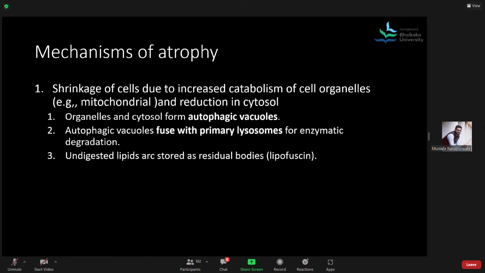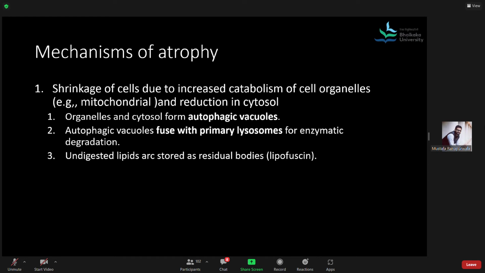Whatever is digested will give you the energy. Whatever is not digested properly, essentially a lot of complex lipids that cannot be digested completely, remains inside that particular cell as a very specific pigment known as lipofuscin, right?